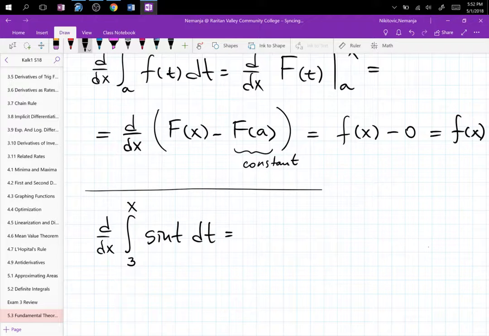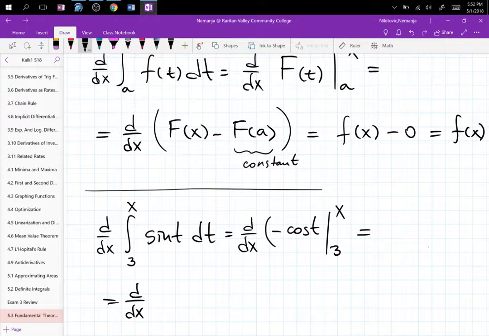What's the integral of sine t? So negative cosine t computed from 3 to x.